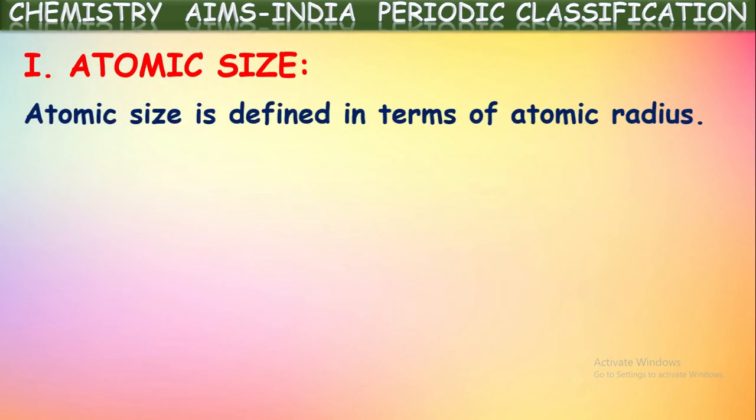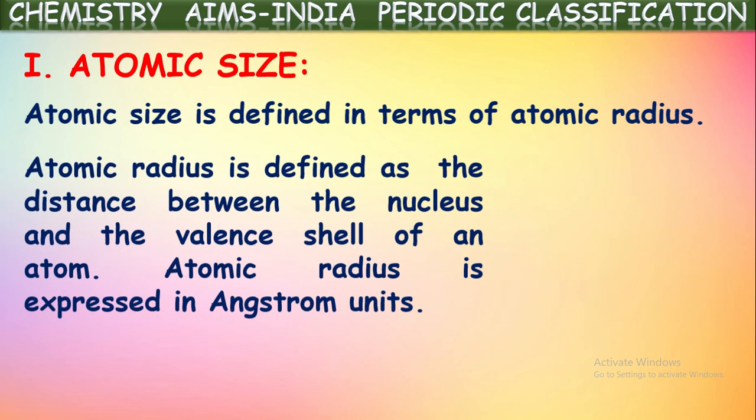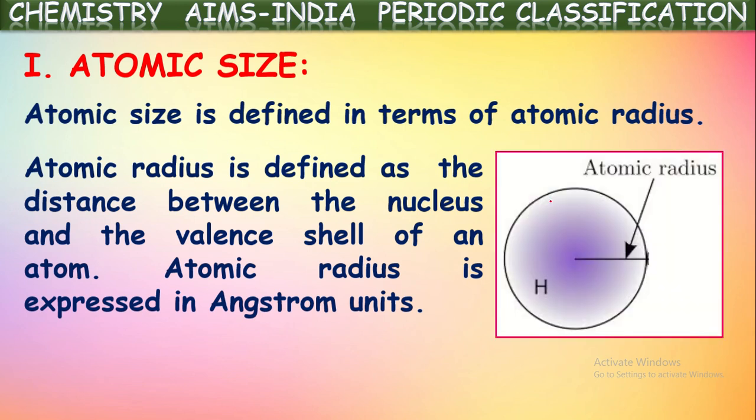Atomic size is defined in terms of atomic radius. Yes, the size of the atoms is considered in terms of their atomic radius. What is atomic radius? The atomic radius is defined as the distance between the nucleus and the valence shell of an atom. For example, consider a hydrogen atom.